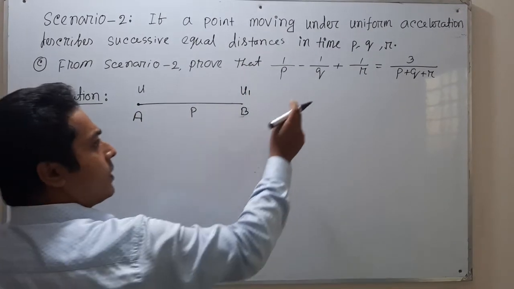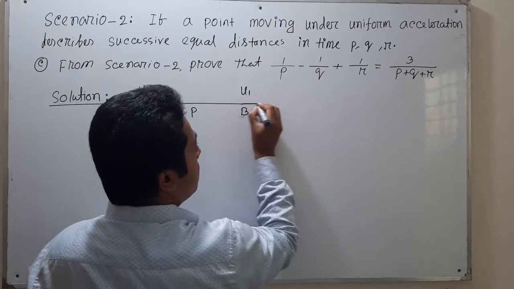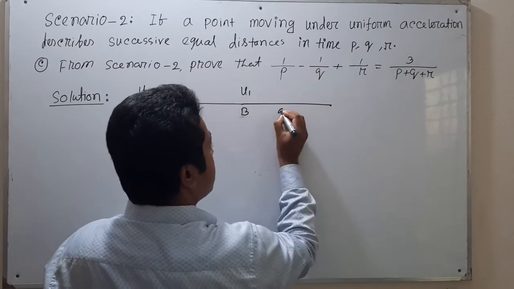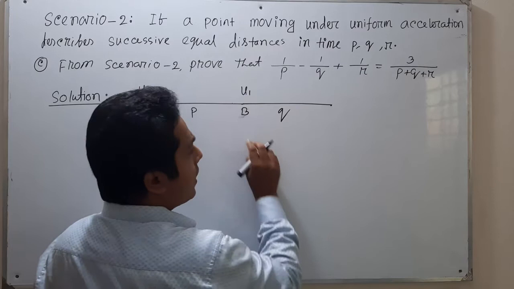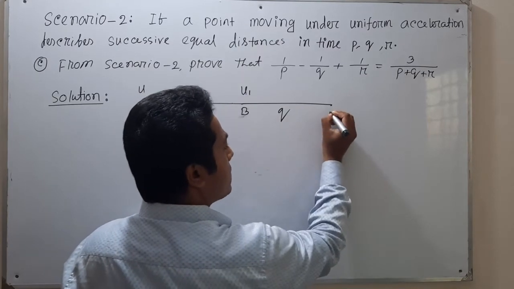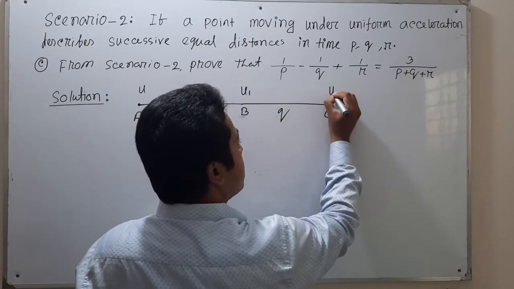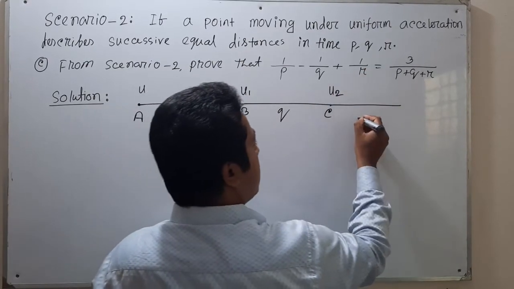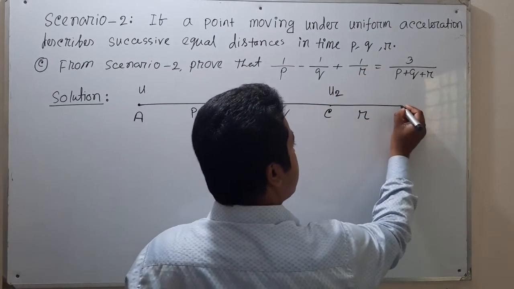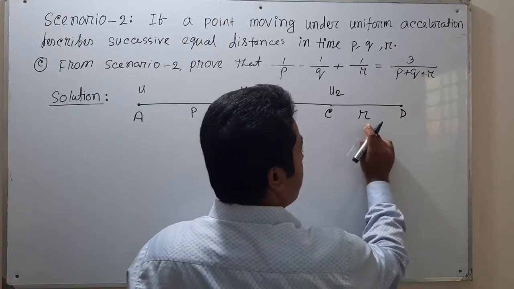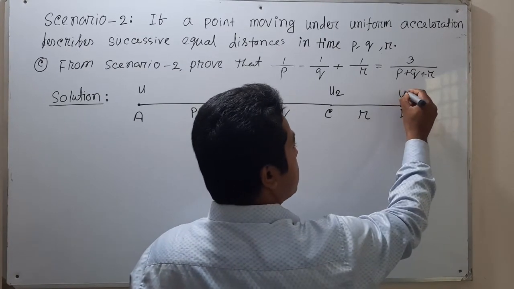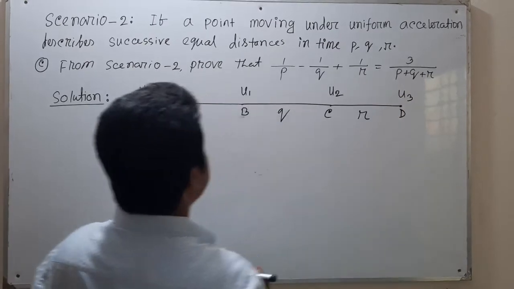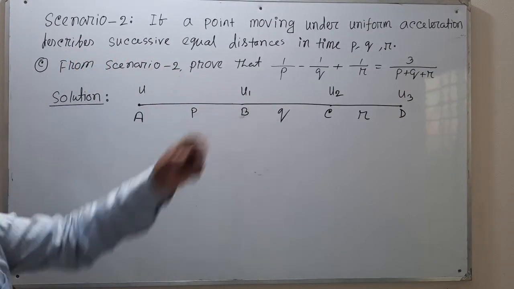For the second time interval q, the point reaches point C, velocity is u2. Then for the time r, the point reaches point D, and velocity is u3, by using uniform acceleration.